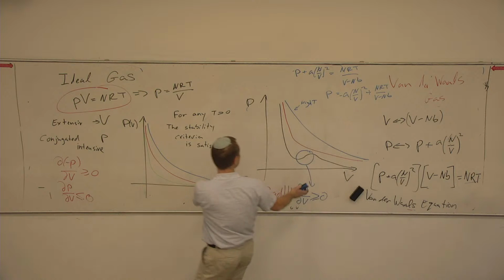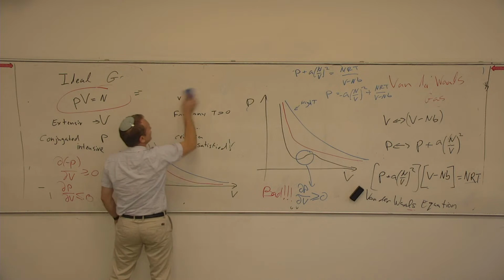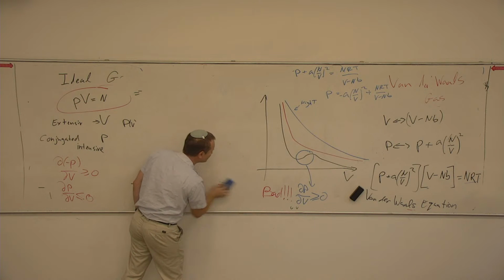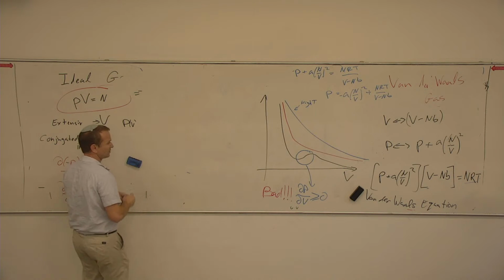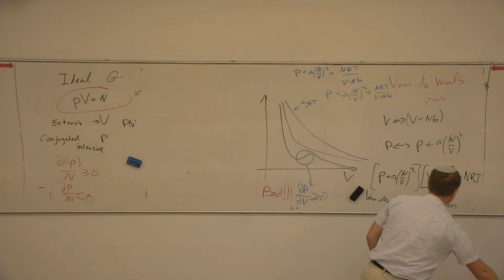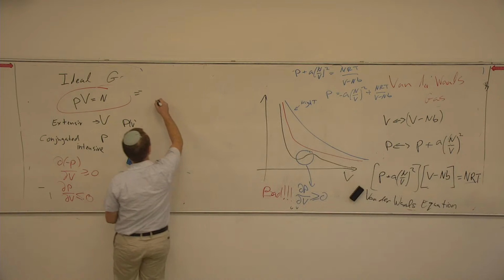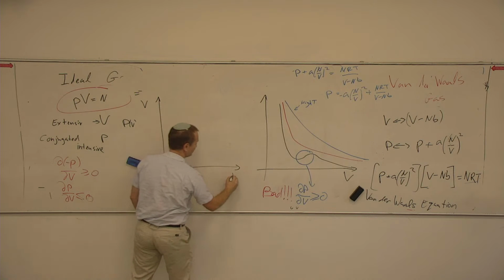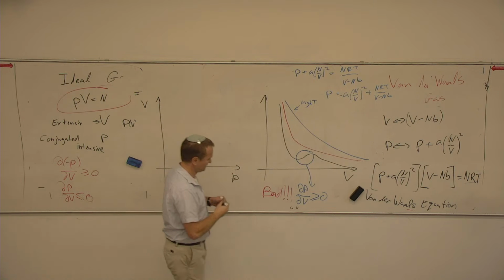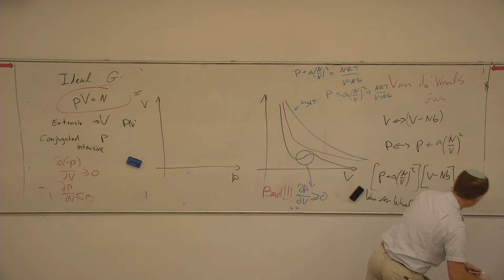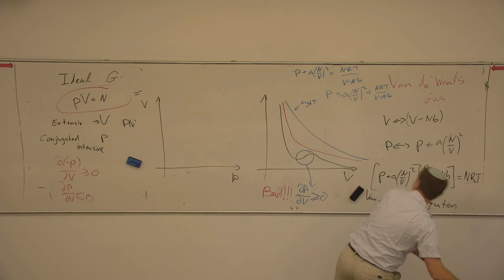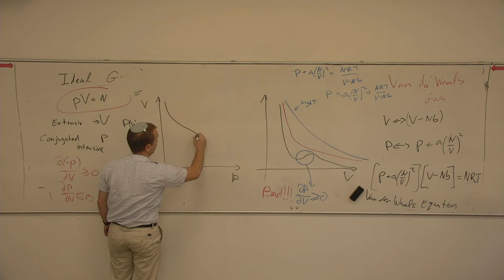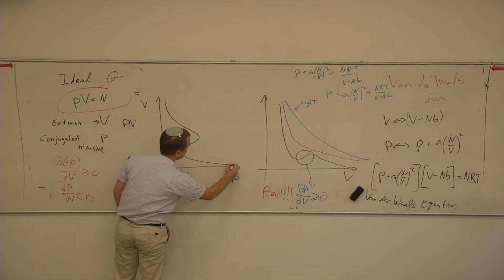It's also bad if you reverse this. If you reverse this plot, and you plot V as a function of P, you will see that it behaves something like this.